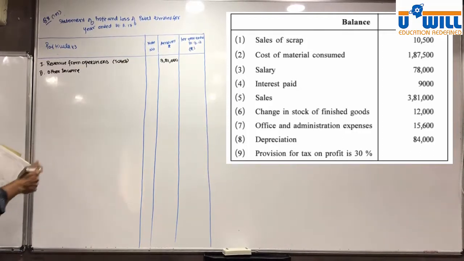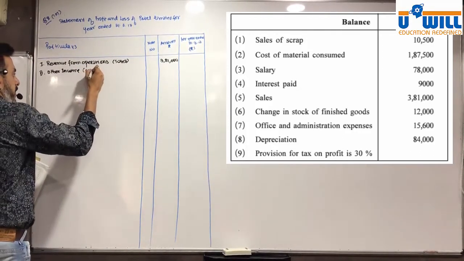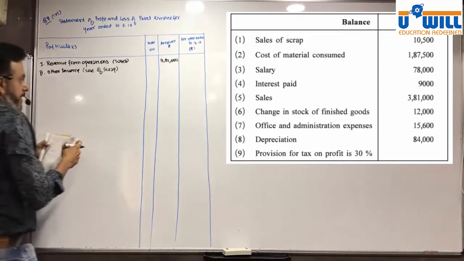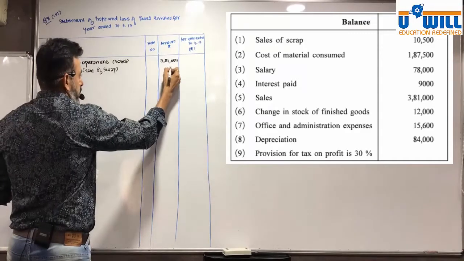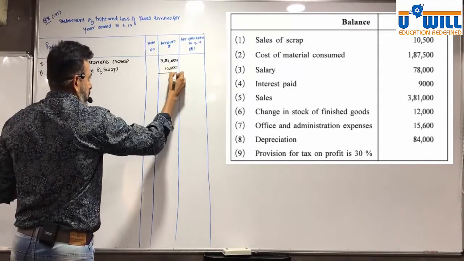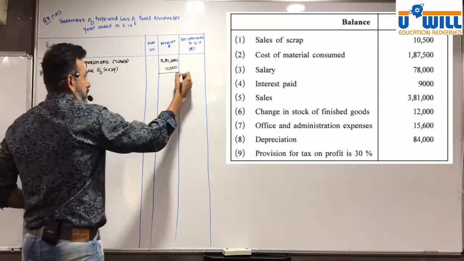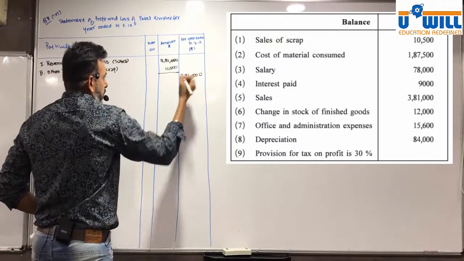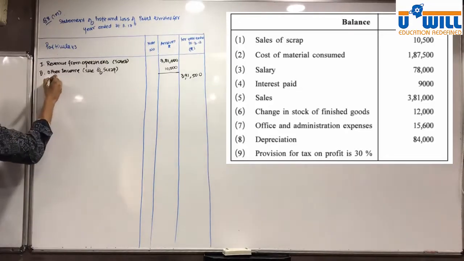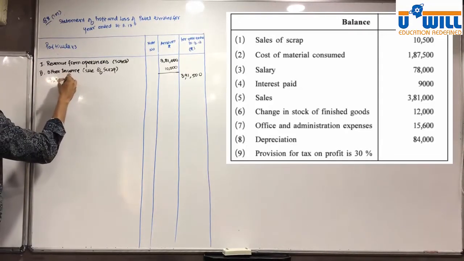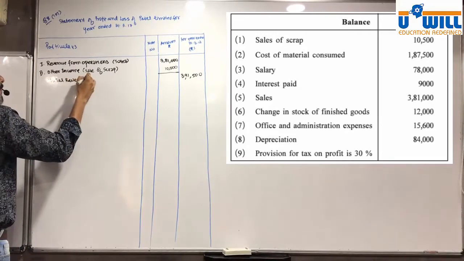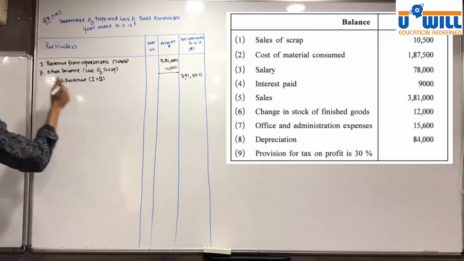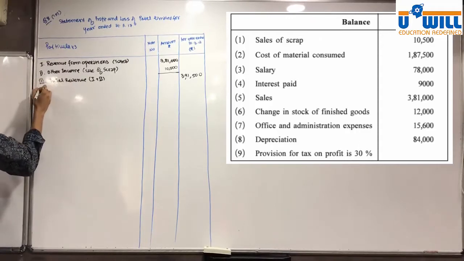Sale of scrap, 10,500. What's the total? 3,91,500. This is our total revenue, which is 1 plus 2. Total revenue 1 plus 2 is third.